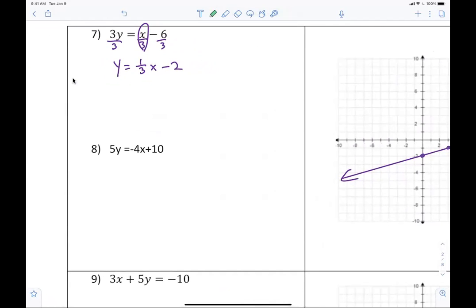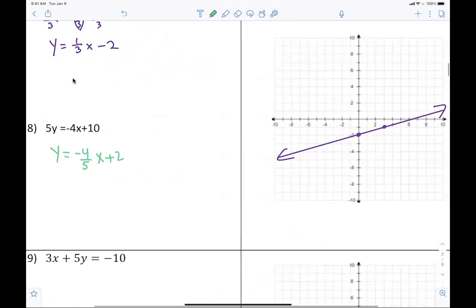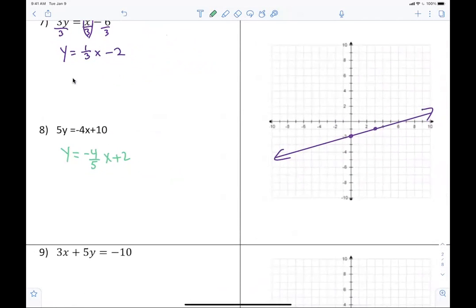David, what do I do for 8? So you divide to get -4/5 x plus 2. Yep, so now what do I do? For the y-axis, and then you want down 4 and then the right side.